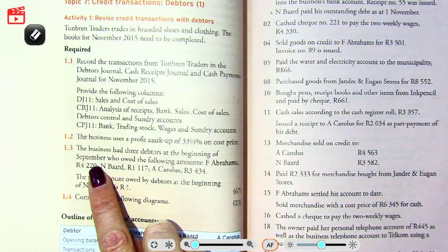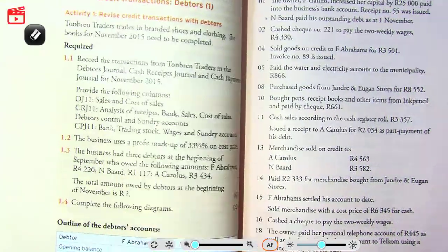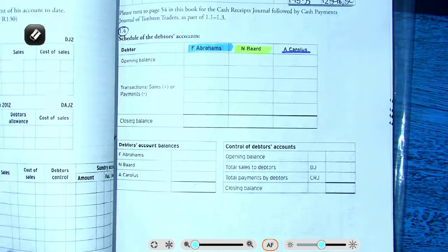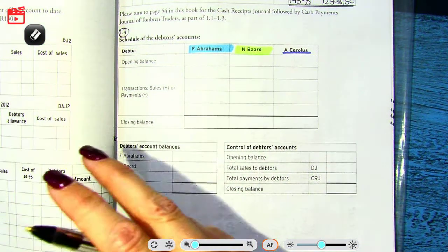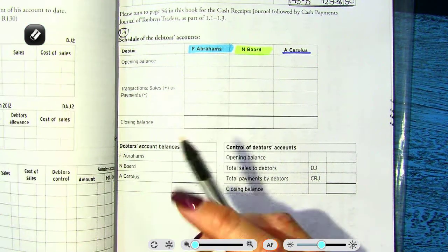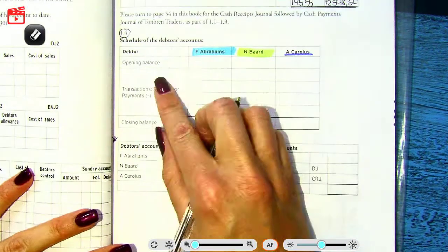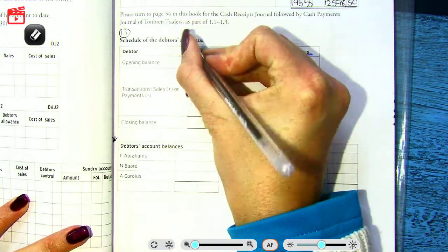All right. So if Abrams 4,220, I'm going to deal with one debtor at a time, just for systematic procedures. Okay, so opening balance 4,220.